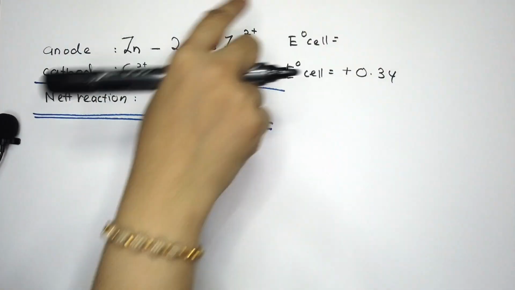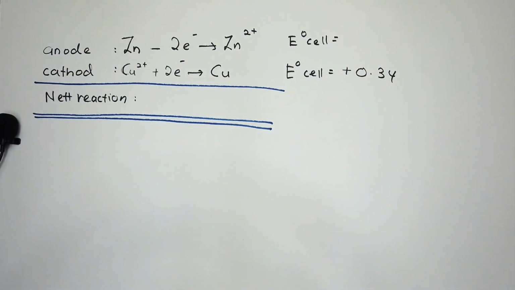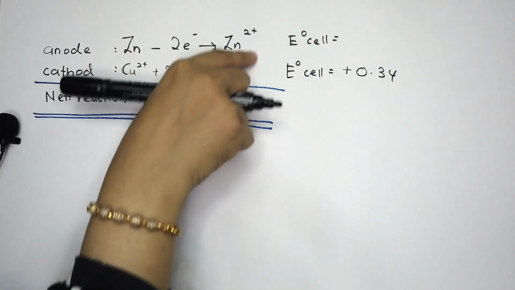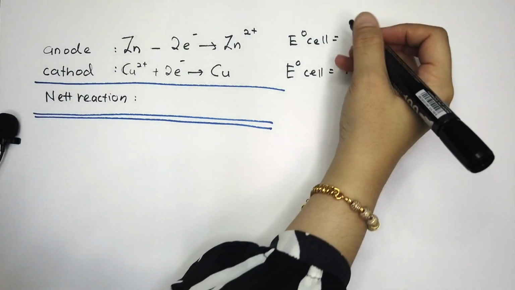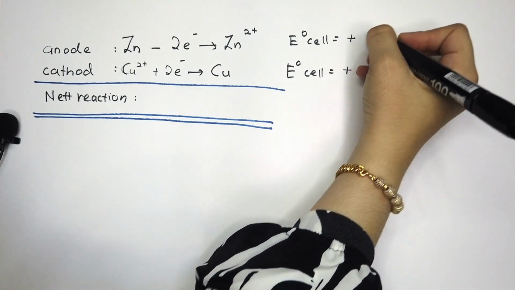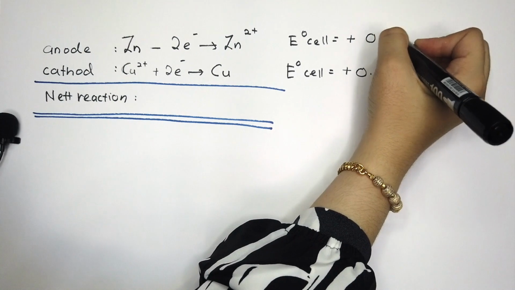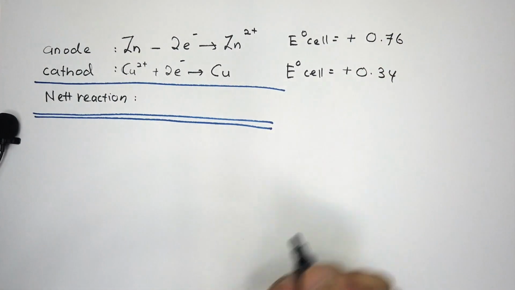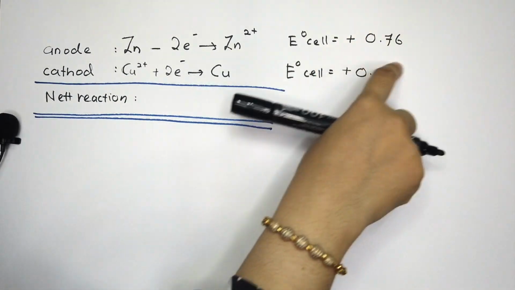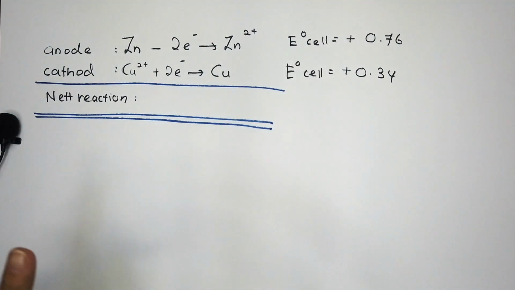But for zinc, initially, if you look at the table, the value should be negative 0.76. But that is for reduction. So since we have flipped this equation, this one becomes positive 0.76. Alright, so make sure that you change this one to positive.